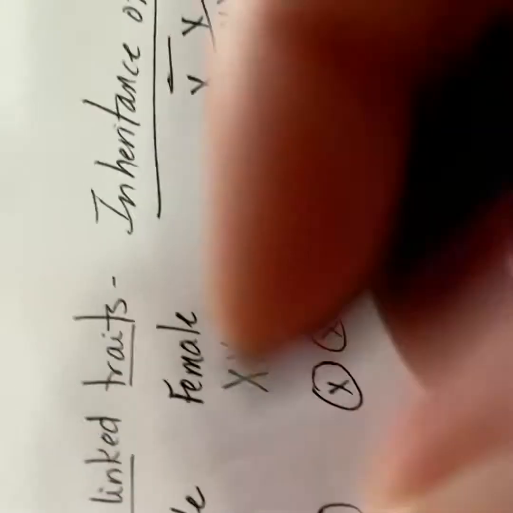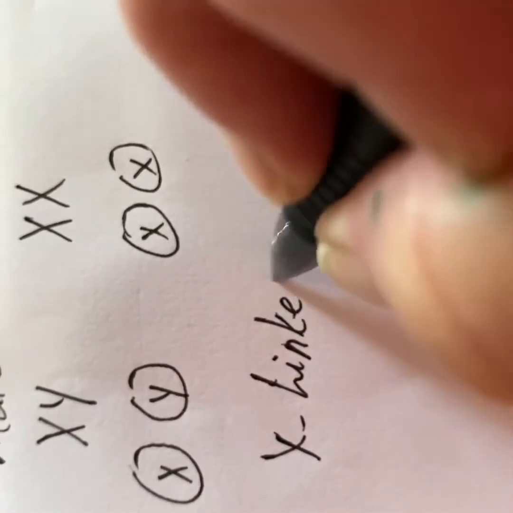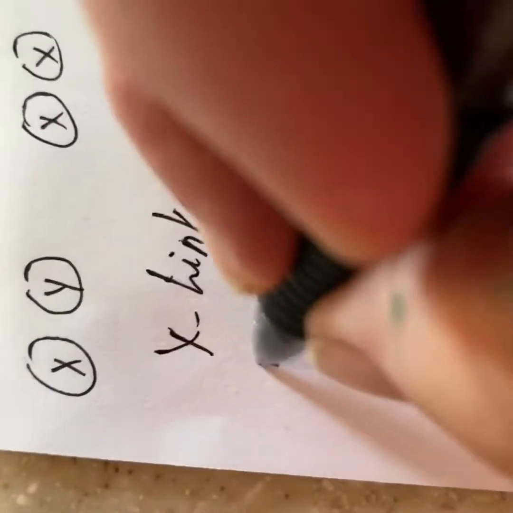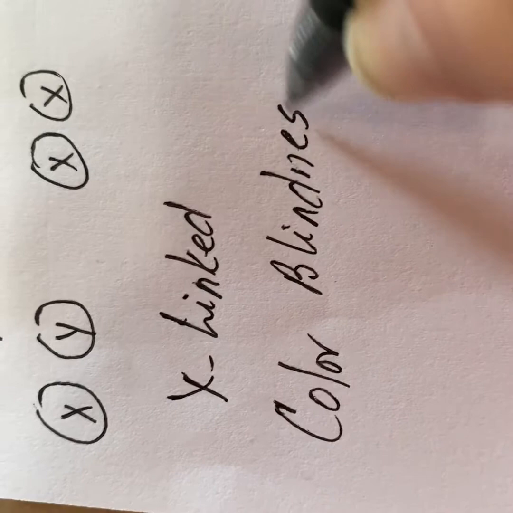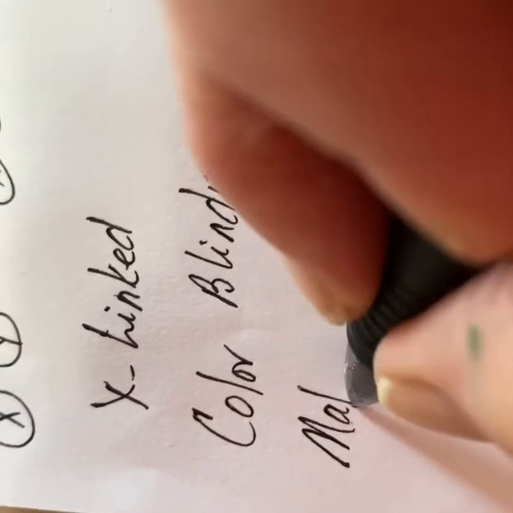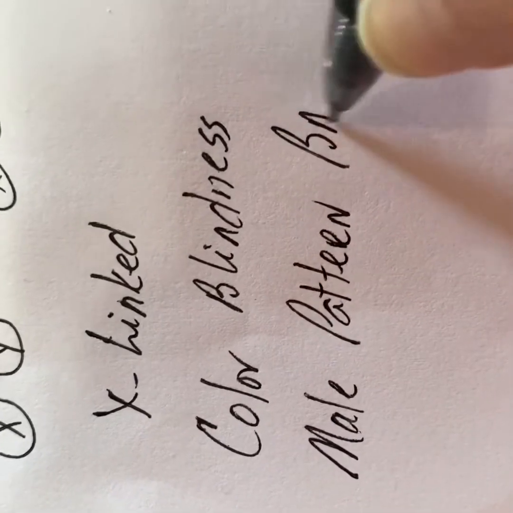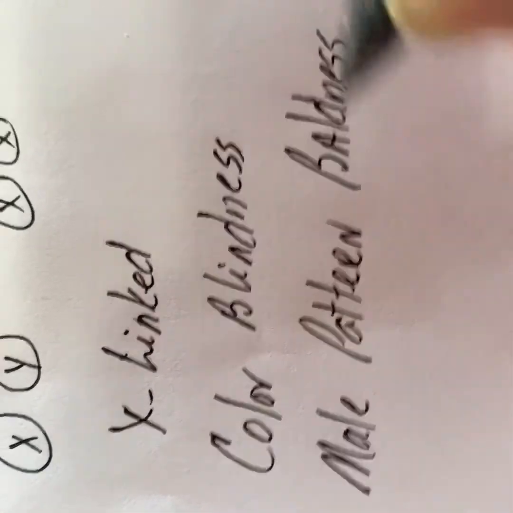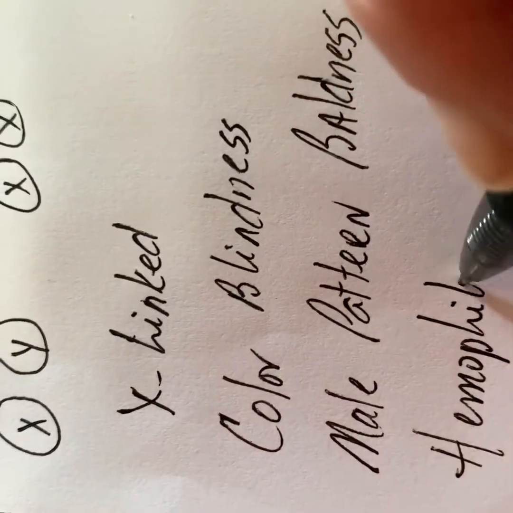Now, if we talk about X-linked genes, we're talking about things like color blindness, male pattern baldness, or maybe even hemophilia, the bleeding disease, okay?